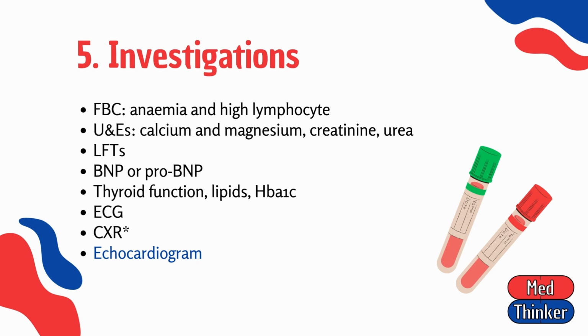We also, if they have diabetes, we want to know how well managed that is. So we will check on HbA1c. So all throughout these tests that we're ordering, we're trying to both assess whether this patient could have heart failure or not, but also we're trying to find a cause and any aggravating factors which may be contributing to their state.